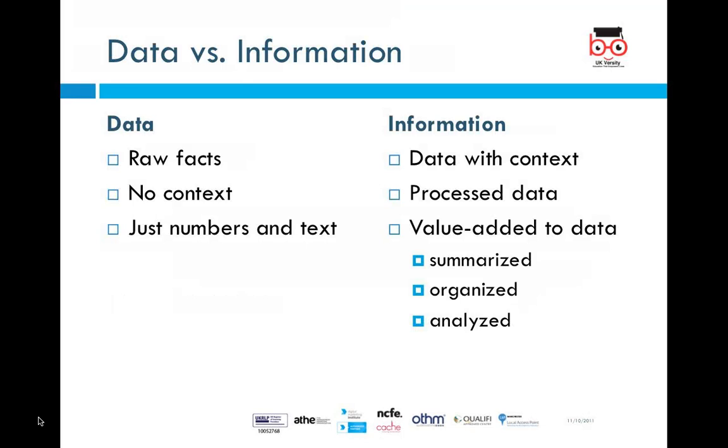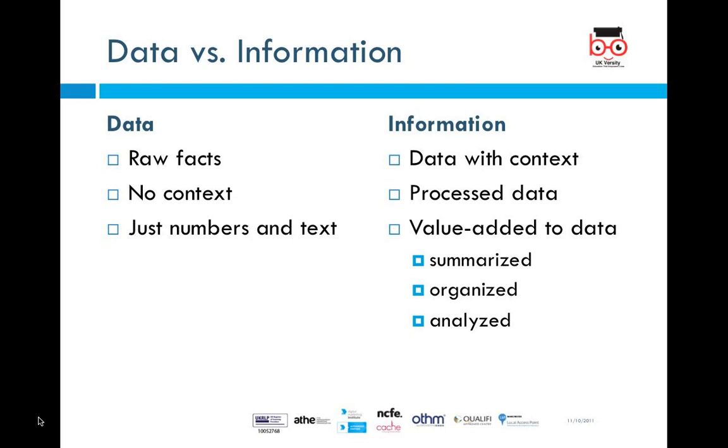For financial information, we need data, which is transferred into information. Data is the raw facts, whether subjective, quantitative or qualitative, raw facts without any context. That's just numbers and text.